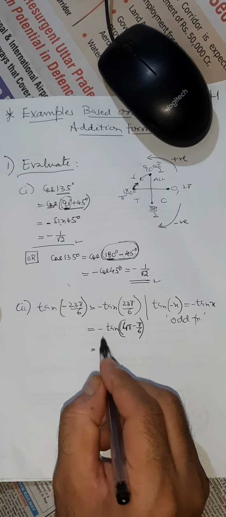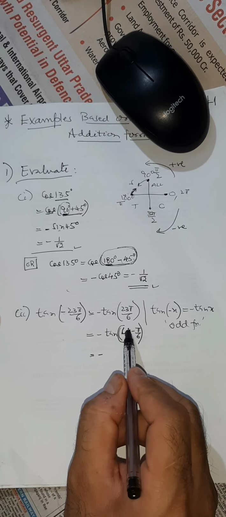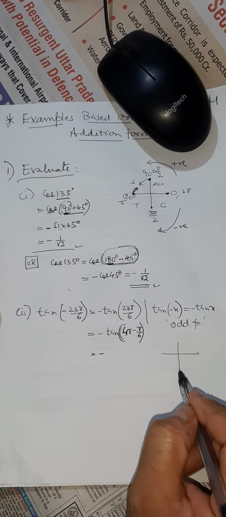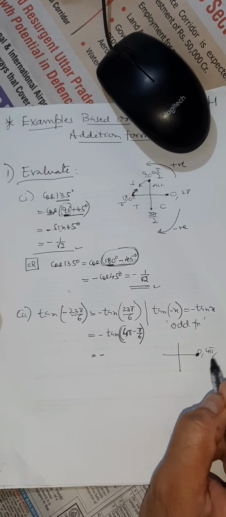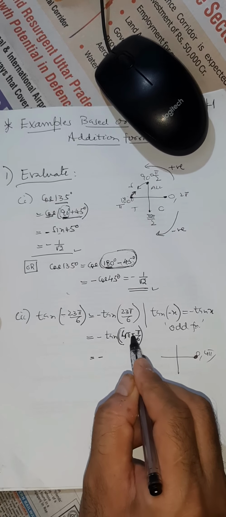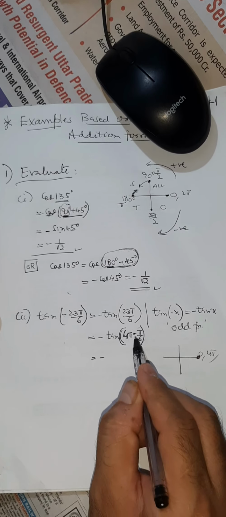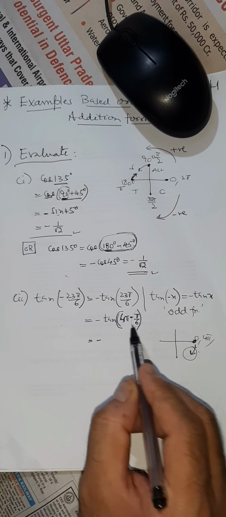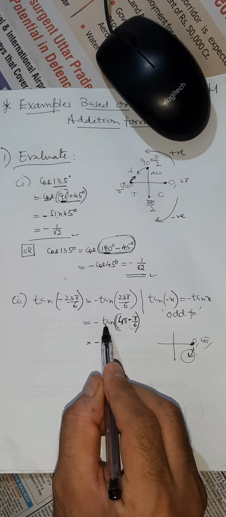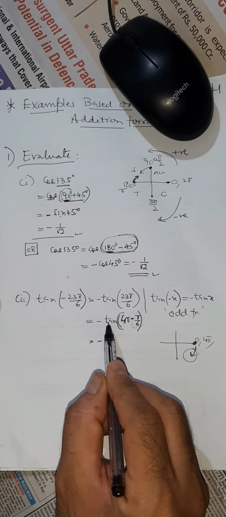Now here, this minus sign as it is. 4 pi is here, that is same as 0, 2 pi, 4 pi. 4 pi is here. Minus something. Minus means clockwise. So it will be here in the fourth quadrant. What happens in the fourth quadrant? Tan is positive or negative?